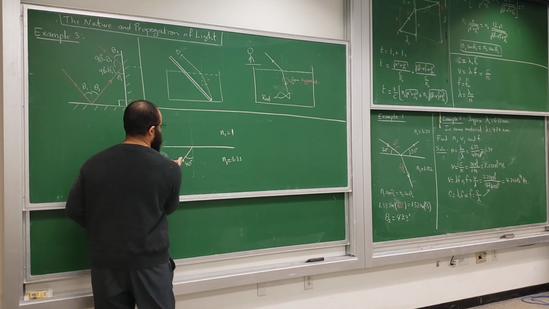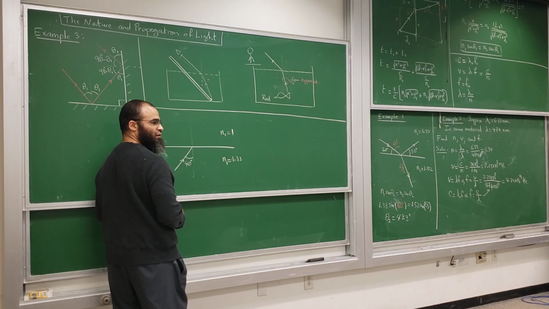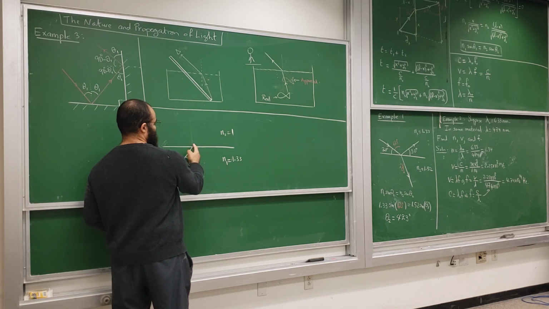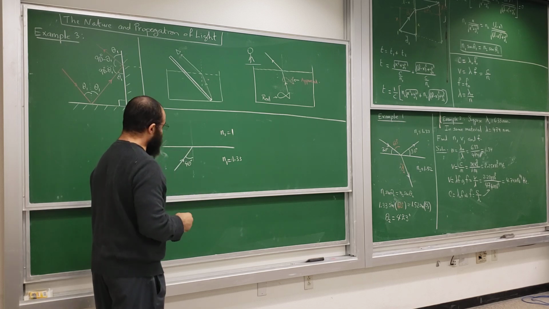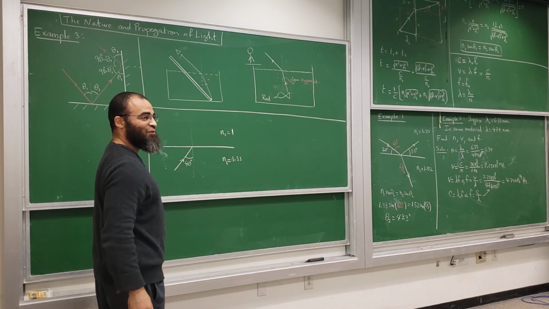Would theta 2 be bigger or smaller than 40? When it comes out, will it come like this or that way? Away from, towards the normal. Towards the normal, it's going to be smaller? Okay, well, I'll let you discover that. Why don't you calculate it? Find theta 2.